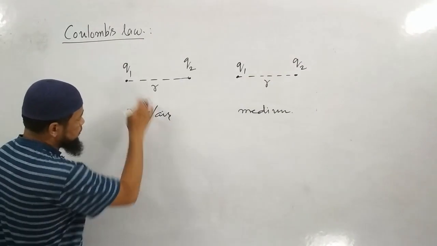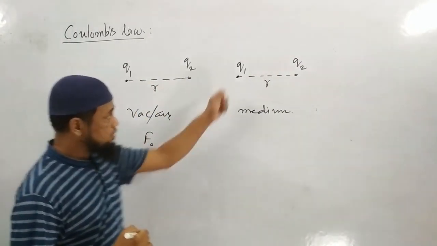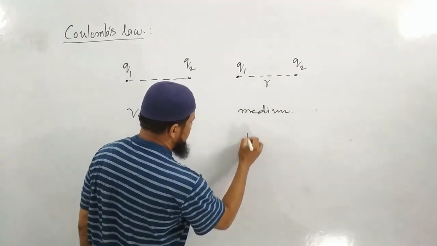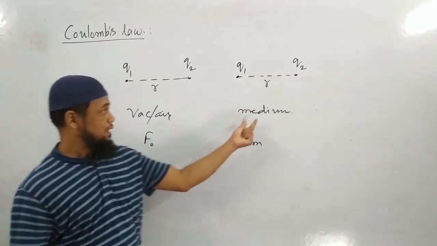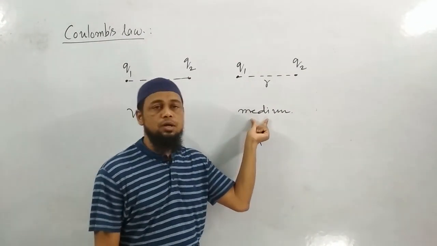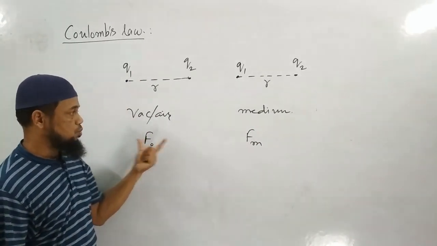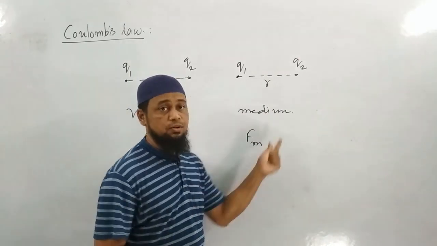The force between these two charges in vacuum is, suppose, F naught, and the force between these two charges in the medium is, suppose, Fm. It will get reduced. The force in the medium will become smaller than the force in vacuum. In a medium, because of polarization, one more electric field will get developed.